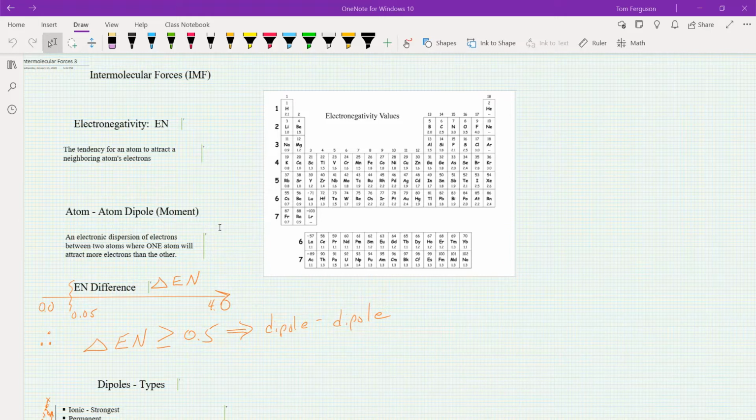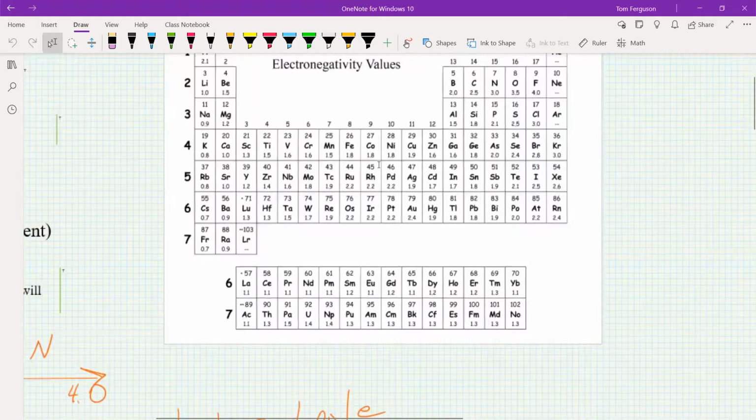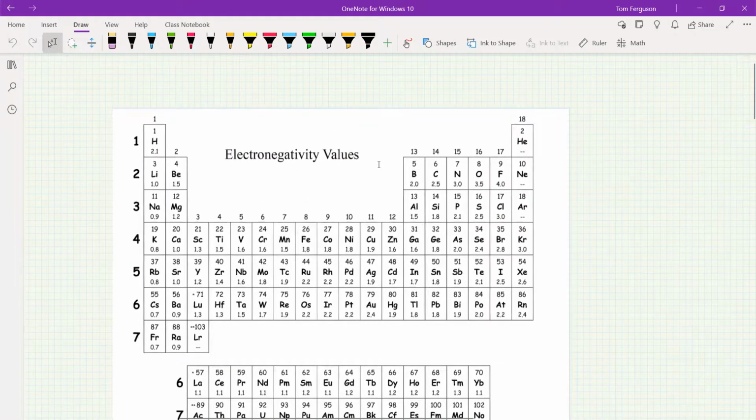That's electronegativity. Electronegativity is the tendency for an atom to attract a neighboring atom's electrons. That could be explained by looking at the electronic configuration, subshell stabilities, et cetera. But basically, if we look at a chart put together by Linus Pauling, he put together these relative values of electronegativity.